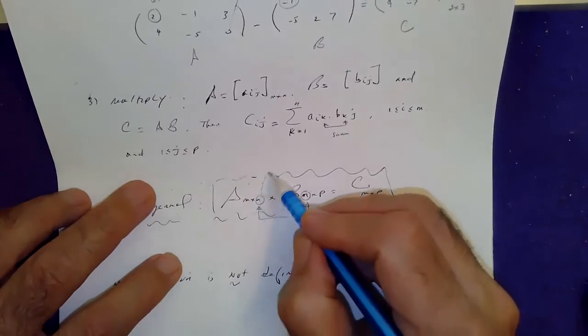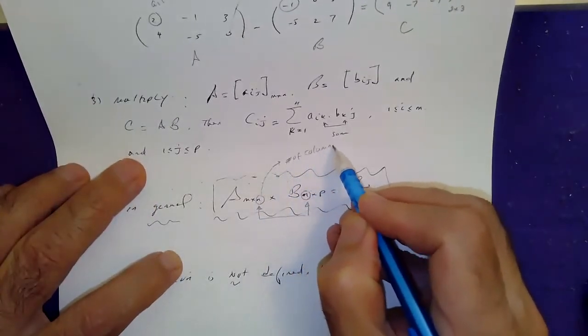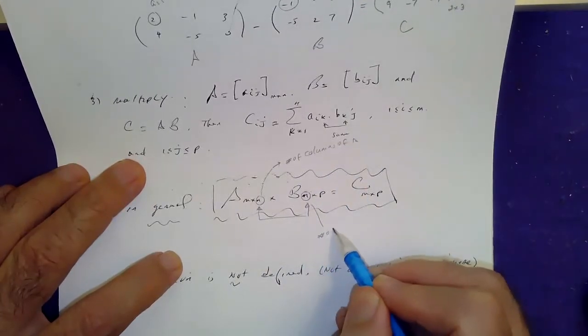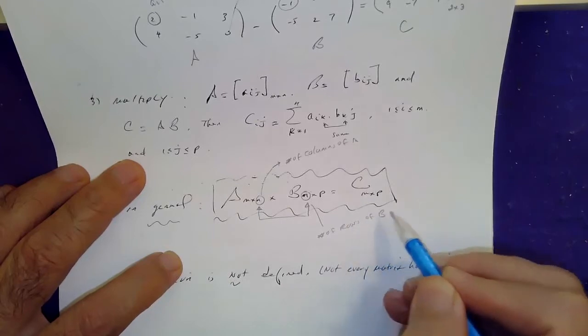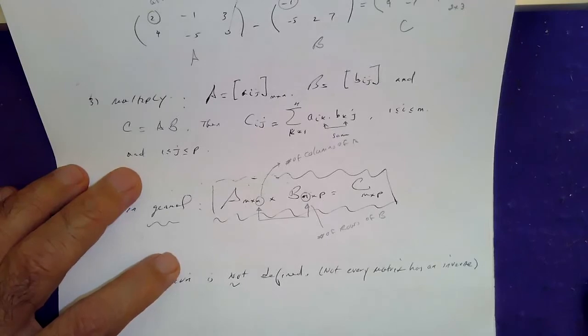So here, this is the number of columns of matrix A, and it has to match the number of what? Rows of B. Otherwise, the multiplication will not be defined.